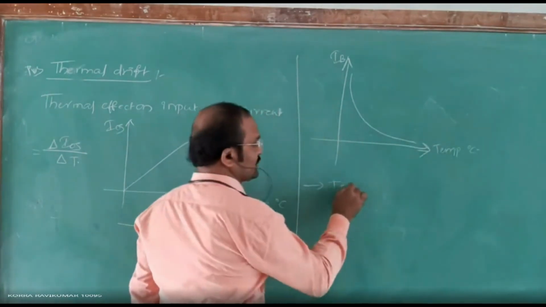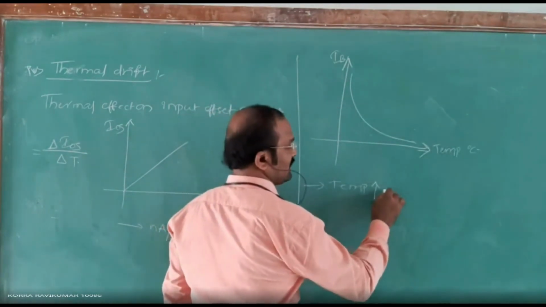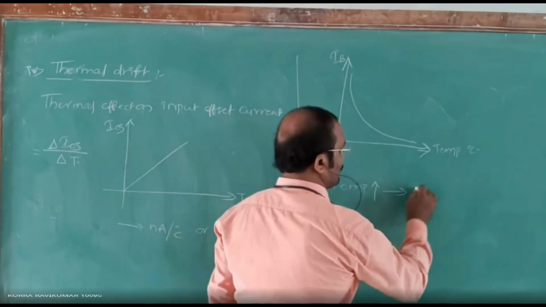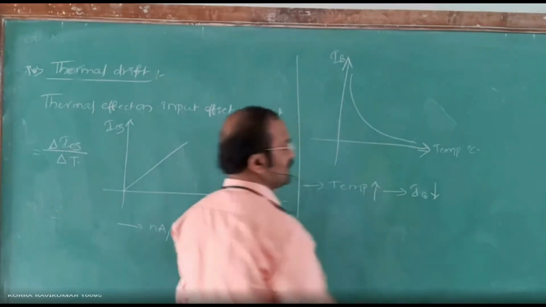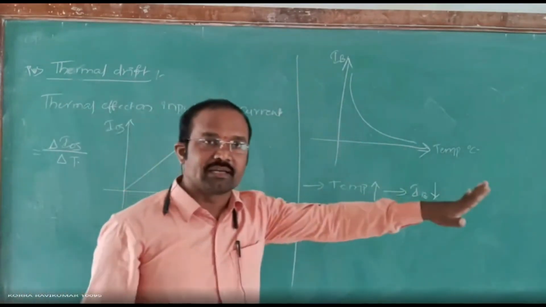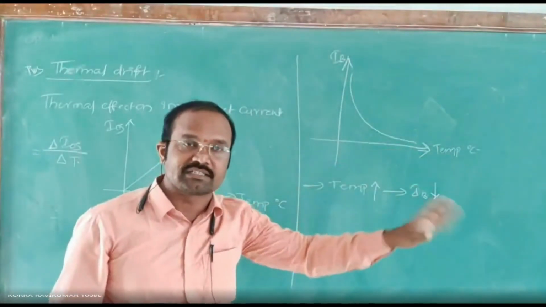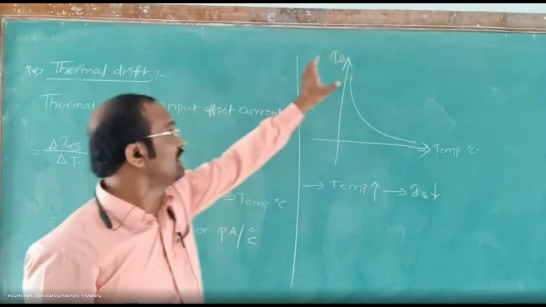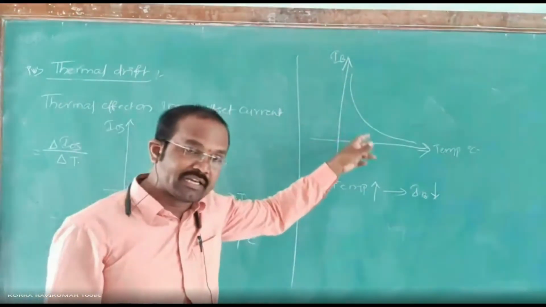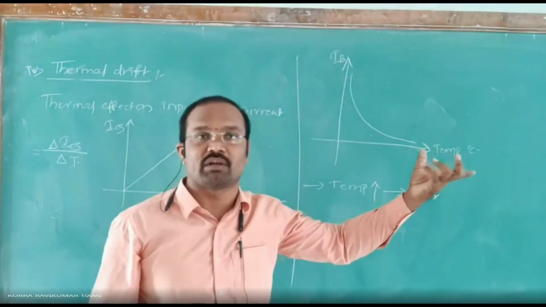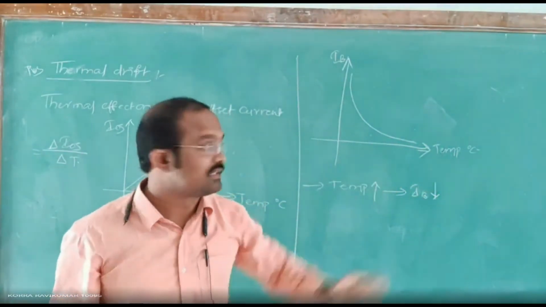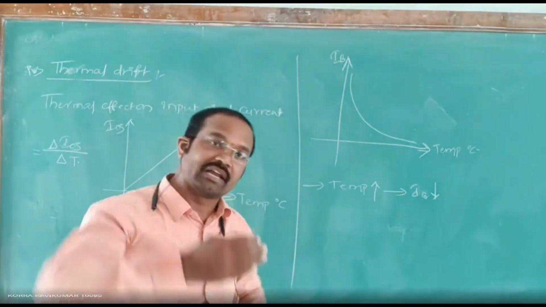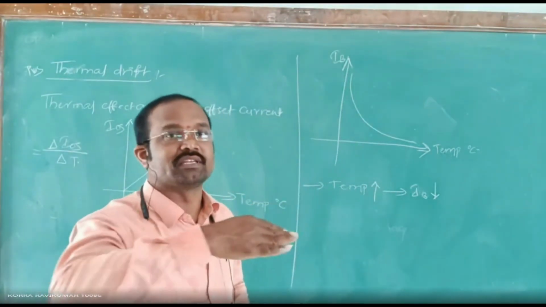If there is an increase in temperature, then there will be a decrease in bias current. If temperature increases 10 times, bias current decreases 10 times. If temperature increases 100 times, IB decreases gradually, not in equal proportion. Current may not decrease 100 times, but it decreases gradually.